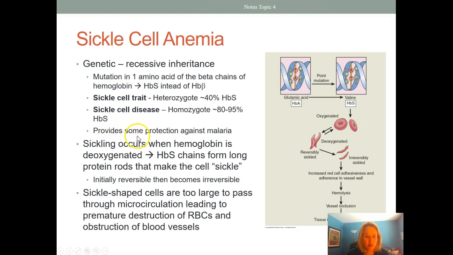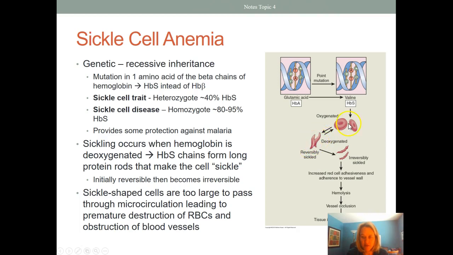This mutation provides some protection against malaria. So if you have the sickle cell trait, you actually don't have the disorder, but you have protection against malaria. If you have sickle cell disease, you do have the disorder. So what happens? When the red blood cells that have the hemoglobin S are exposed to low oxygen tension, they sickle. They become sickle shaped.